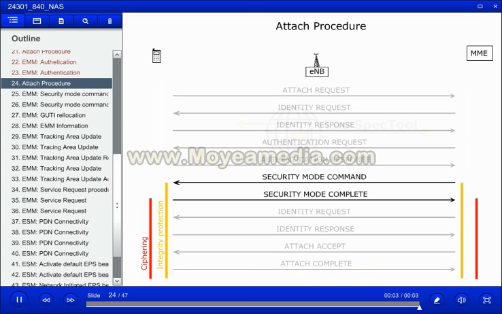The UE responds with the security mode complete message, which will be both ciphered and integrity protected. All signaling messages after the MME has received the security mode command message will be ciphered and integrity protected with the selected algorithms.